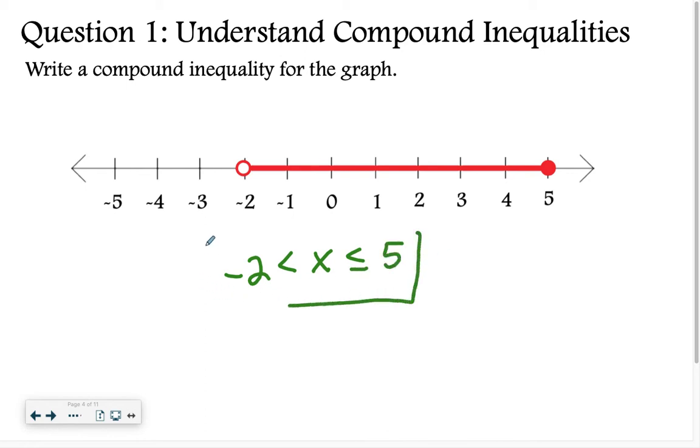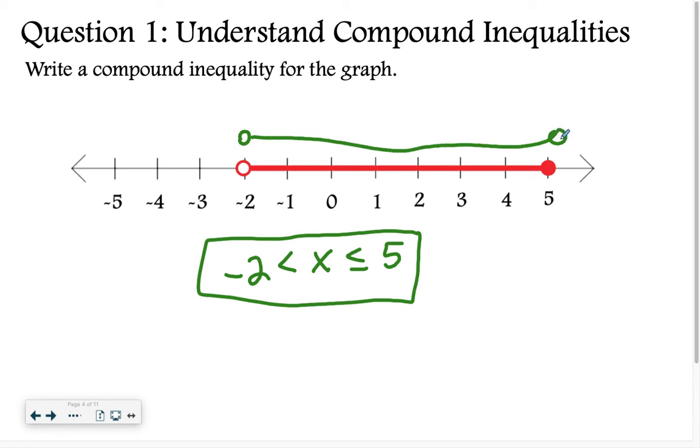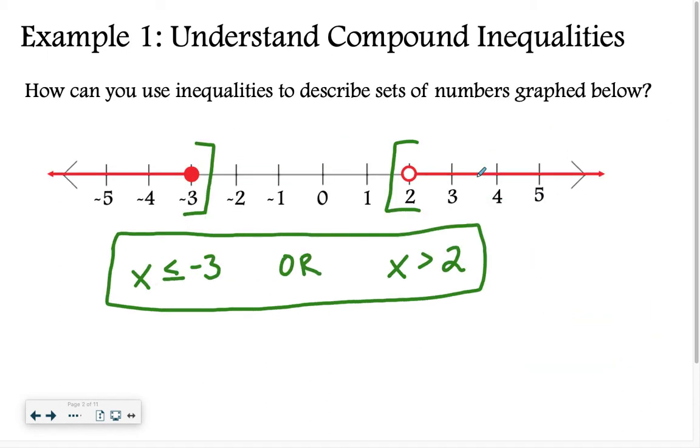This is one possible answer, and I forgot to mention on the last slide, whenever you have an endpoint on each side, that is called an and compound inequality. In the earlier example, where the numbers point out, that's called an or.